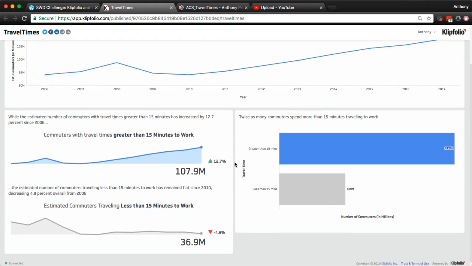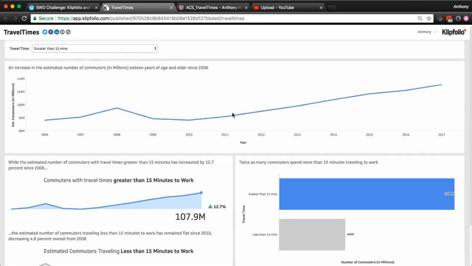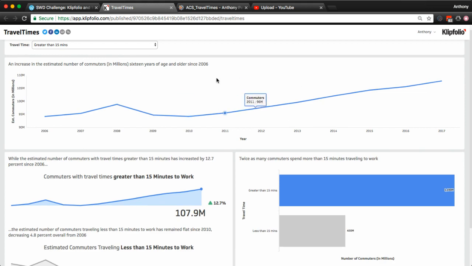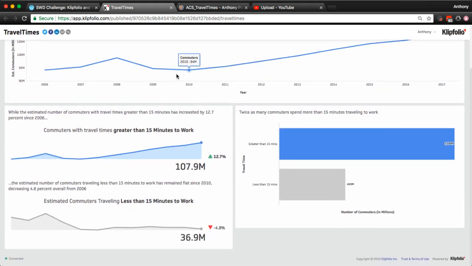And I'm not going to go into detail there, but this is one way I used to emphasize that sort of message. I have an overall chart up above showing the increase with some smaller title annotation to describe what's going on. And below, I have 2 different charts.